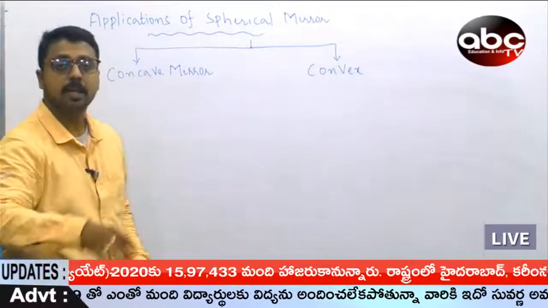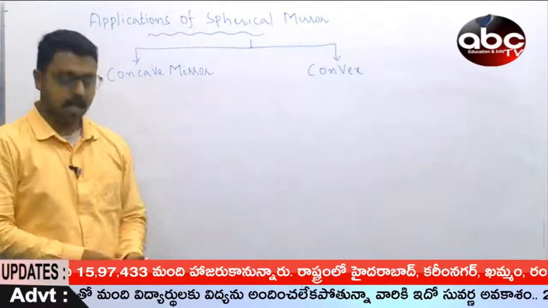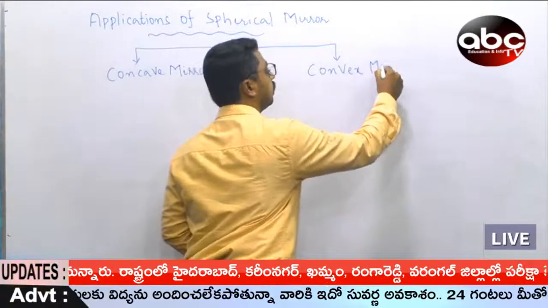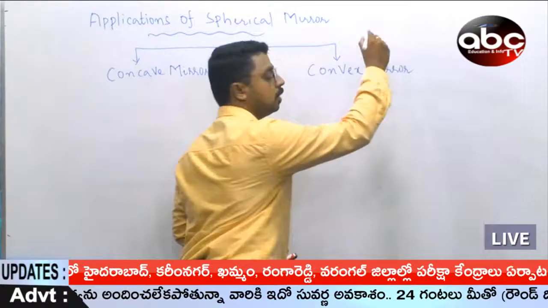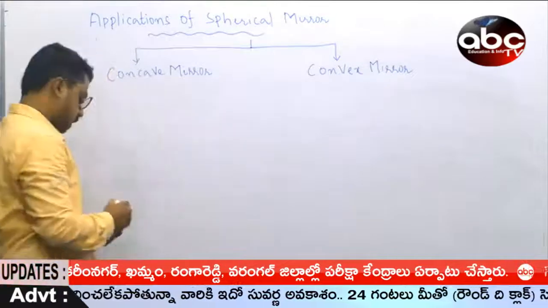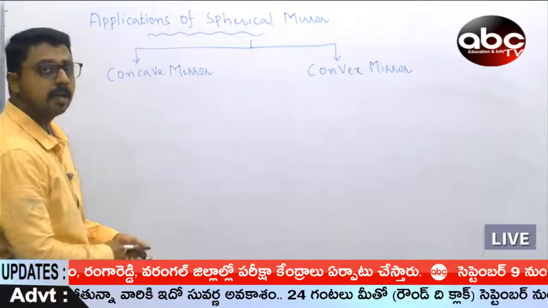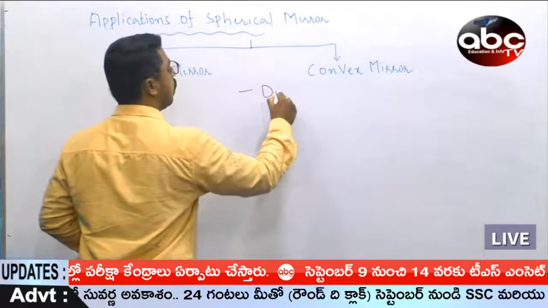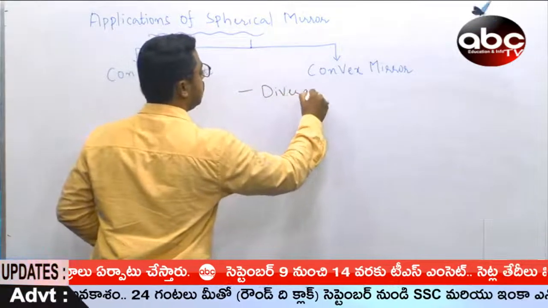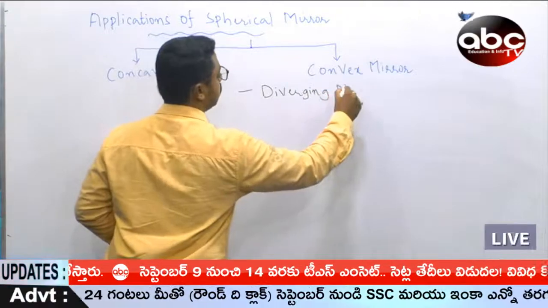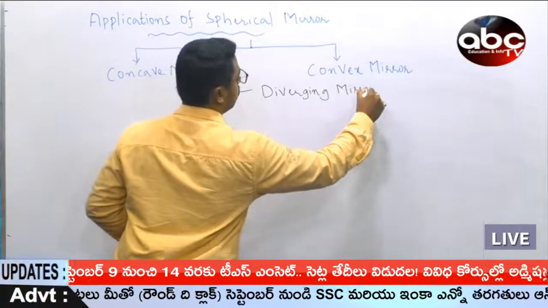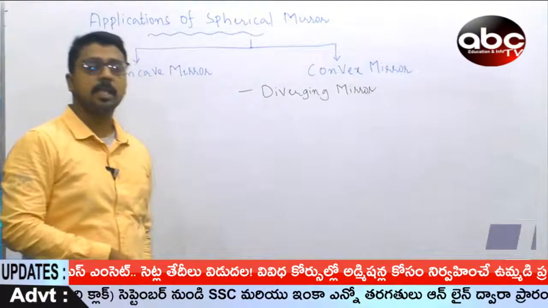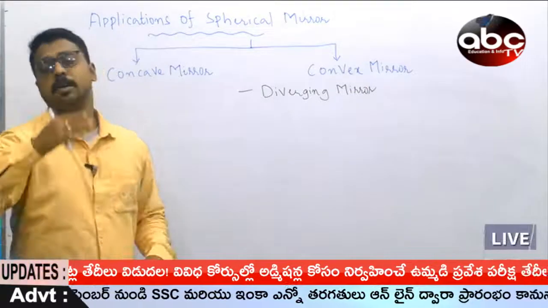So naturally, on a convex mirror, you are able to extract a small thing. Let us draw the diagram roughly, and of course these are nothing but called diverging mirrors.